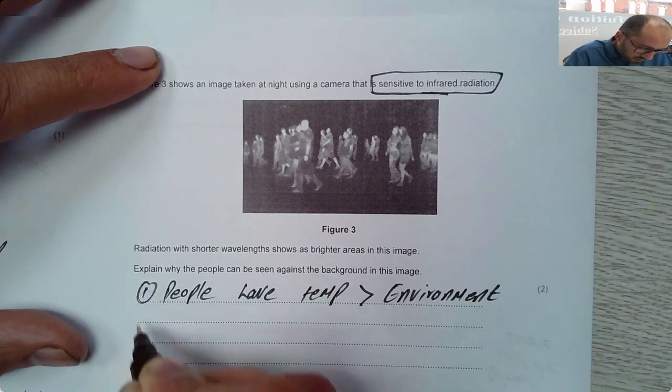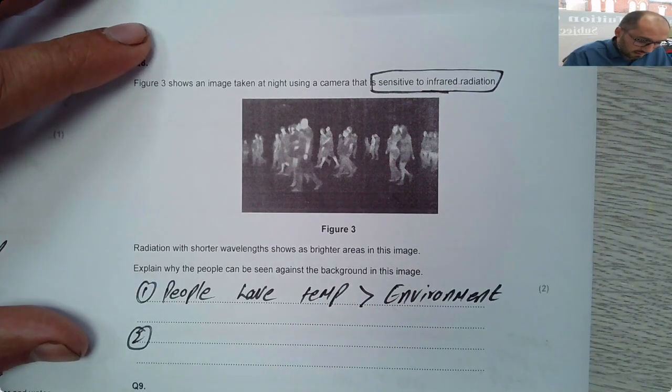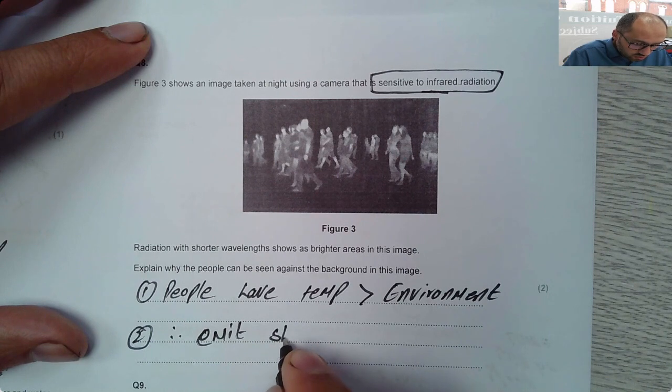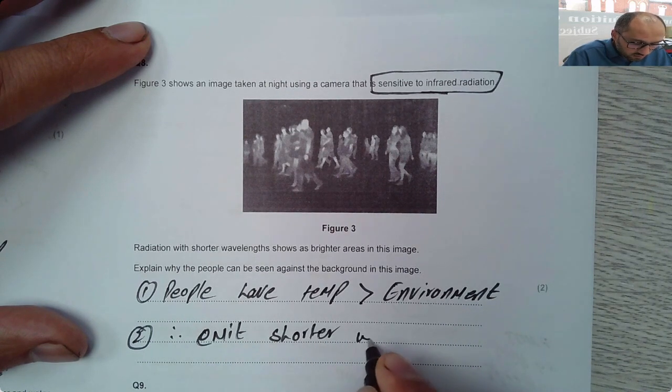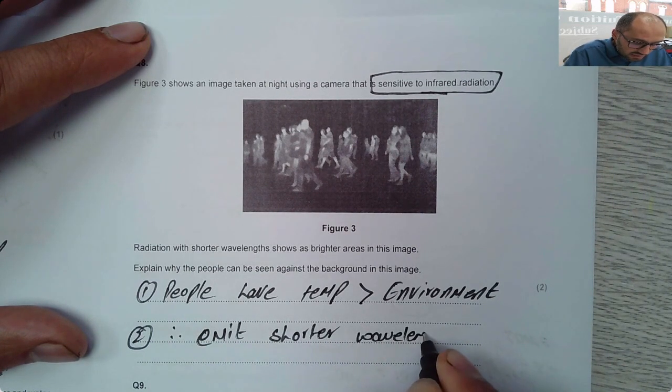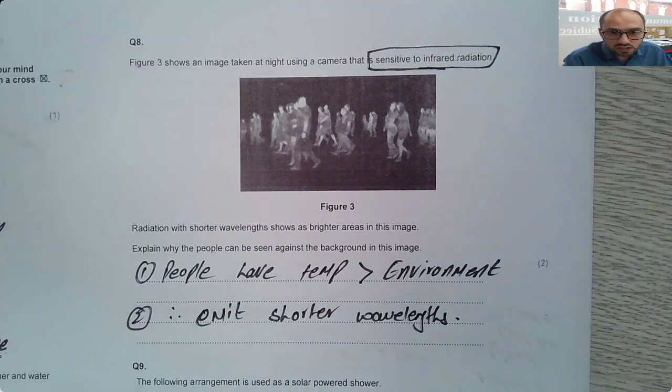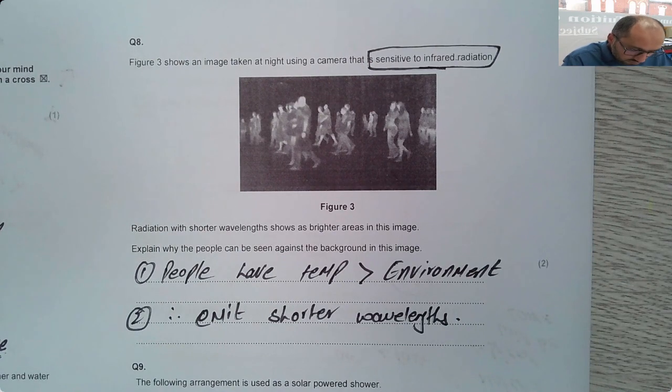Number 1. Number 2, therefore they will emit shorter wavelengths. So the body will emit shorter wavelengths, which is detected by the infrared radiation camera, and as a result of that it will show the image.